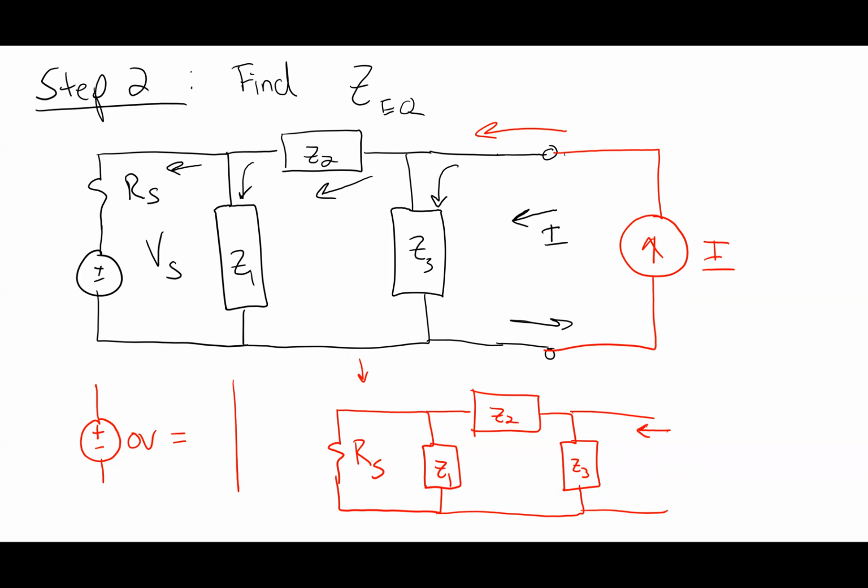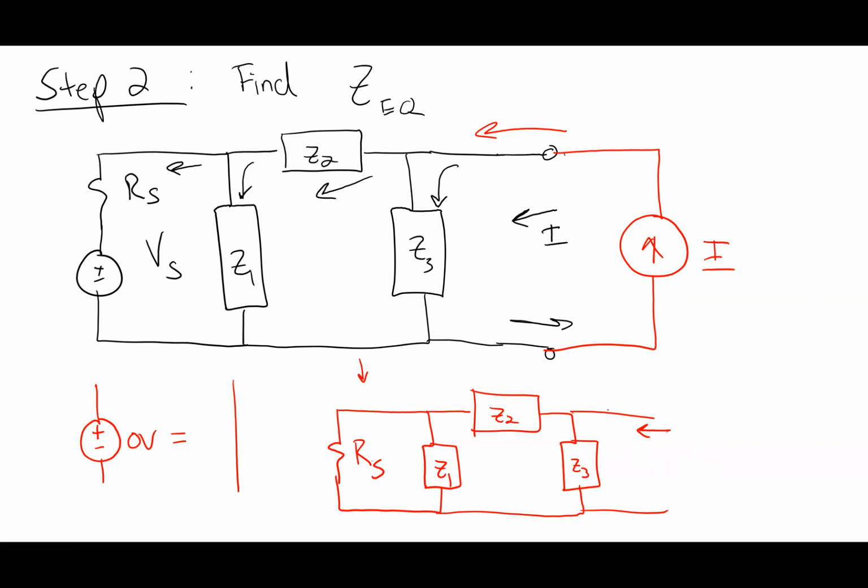Where a lot of you were messing up, and the people posting in the Discord last night, is that they were finding the impedance from the perspective of this voltage source looking that direction. You're going to get a totally different answer for that. That's not what we're looking for. We're looking for the impedance looking into those terminals.